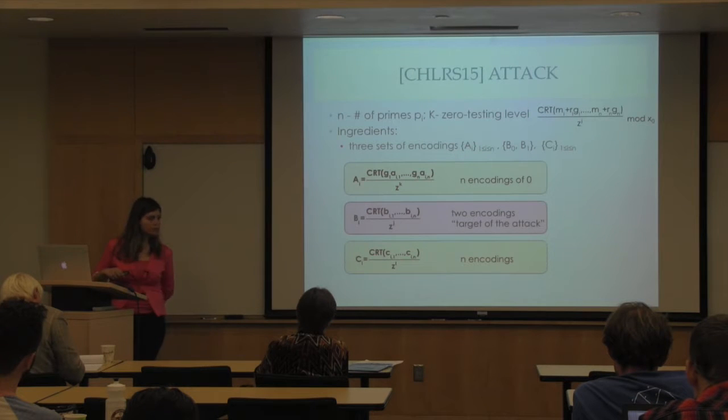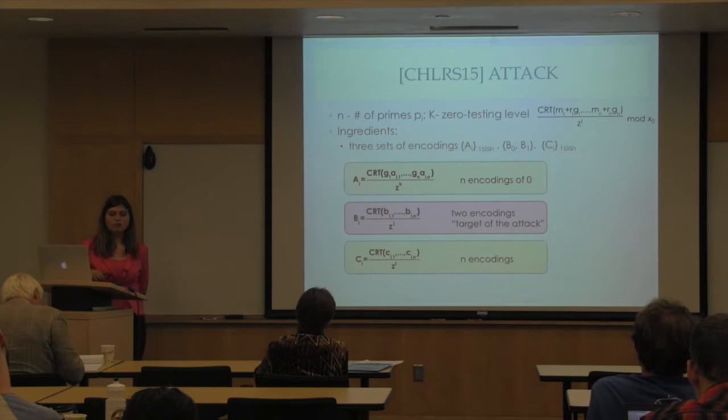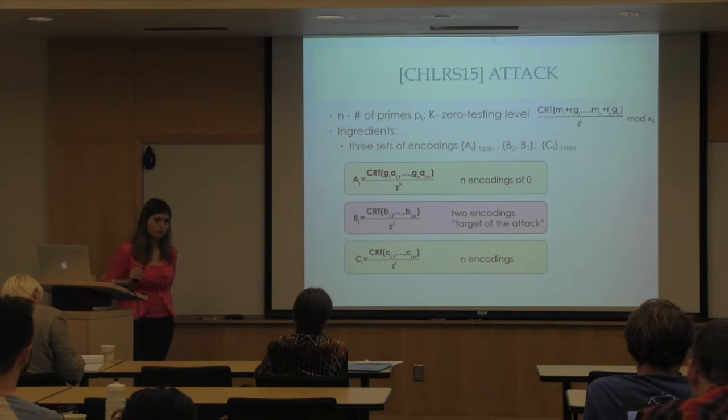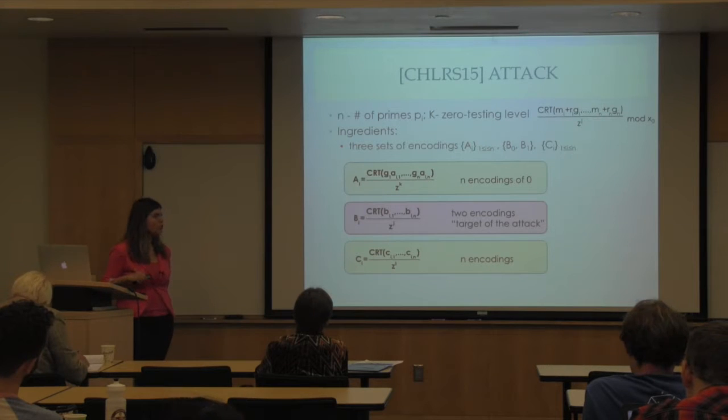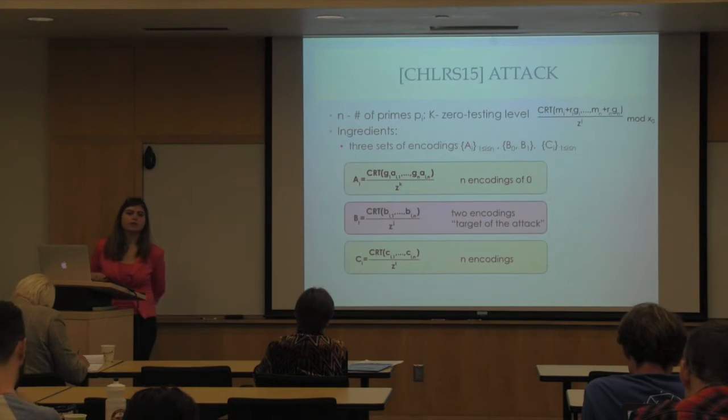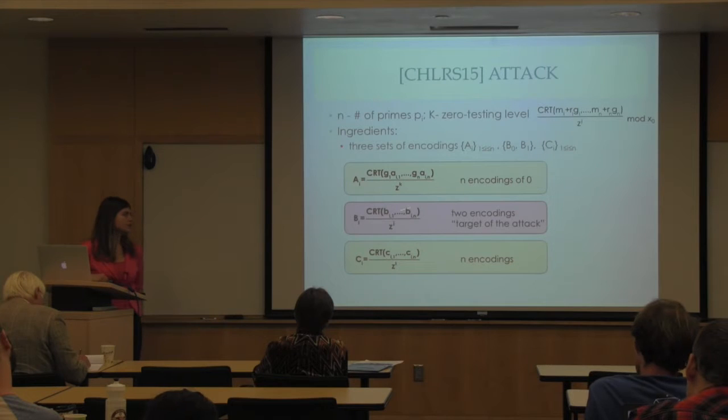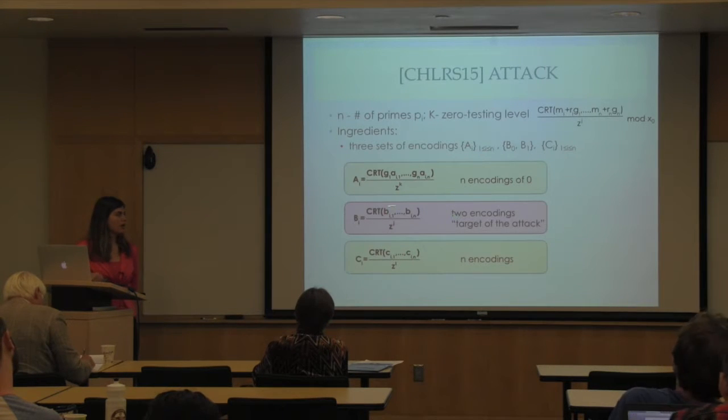And then we have a third set, which contains two encodings. Again, we don't have any restriction on what type of elements they need to encode. These two encodings will be the target of our attack. That's what we will be trying to distinguish between.